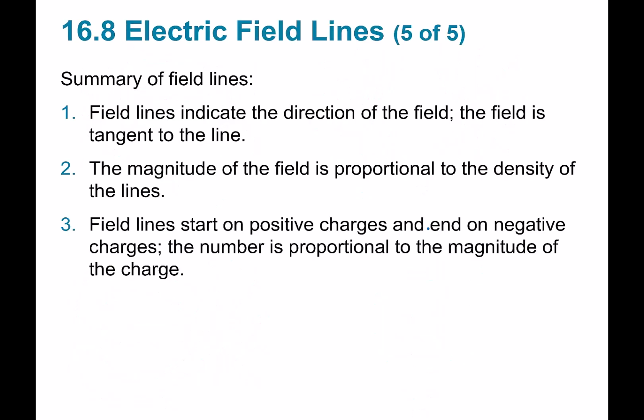So field lines indicate the direction of the field. The field is tangent to the line. The magnitude of the field is proportional to the density of the lines, and field lines start on positive charges and end on negative charges. The number is proportional to the magnitude of the charge.